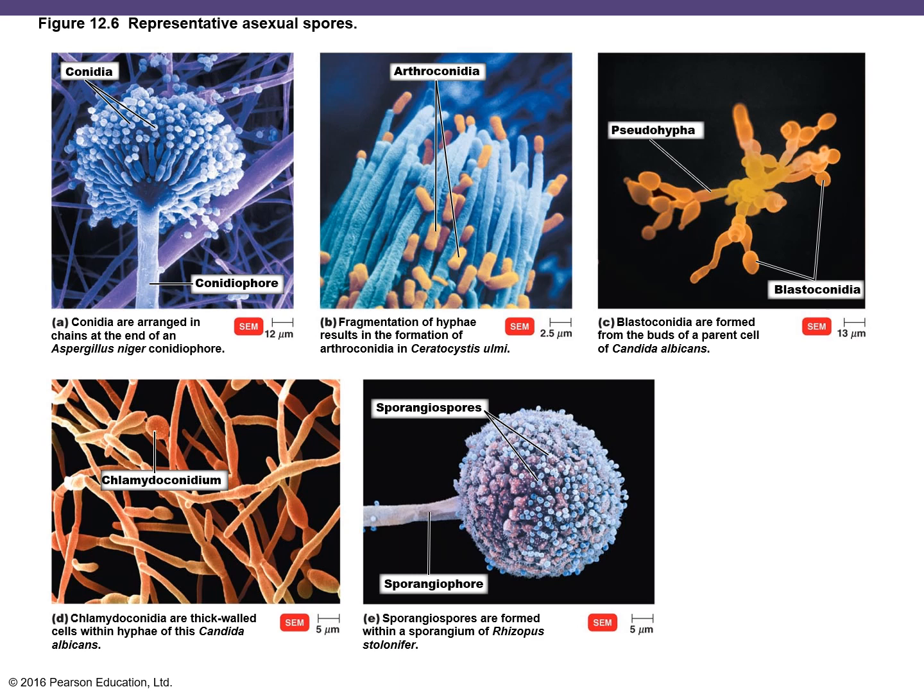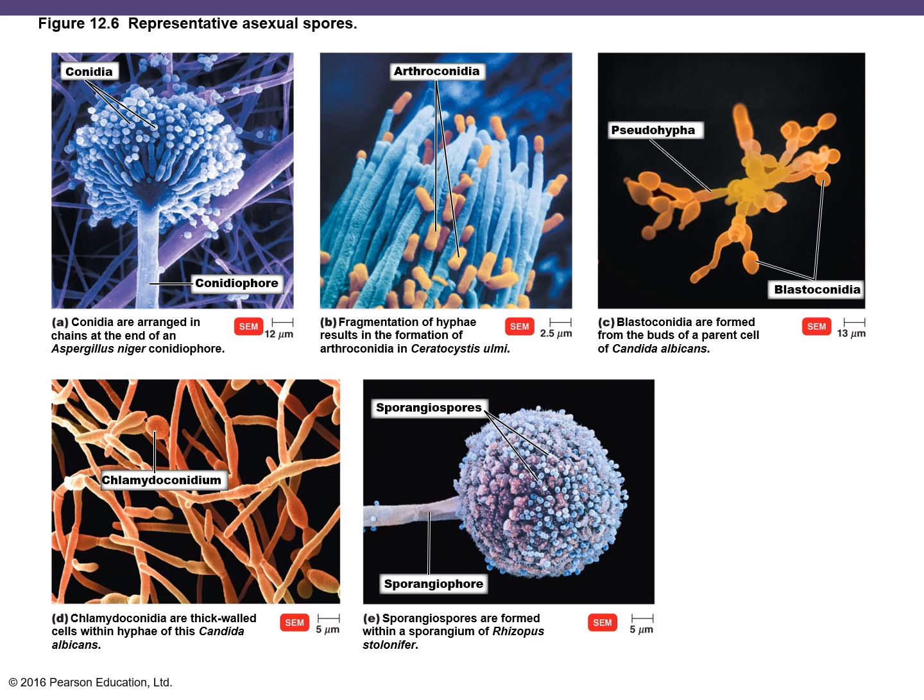A chlamydoconidium is a thick-walled spore, which is formed by rounding and enlargement within a hyphal segment. In picture D there, a fungus that produces chlamydoconidia is the yeast, as mentioned earlier as well, Candida albicans.